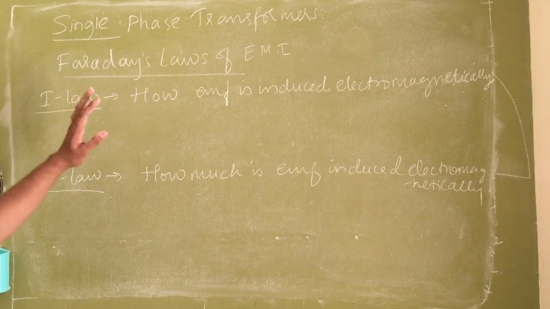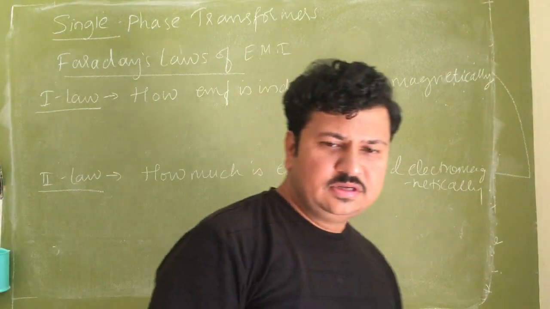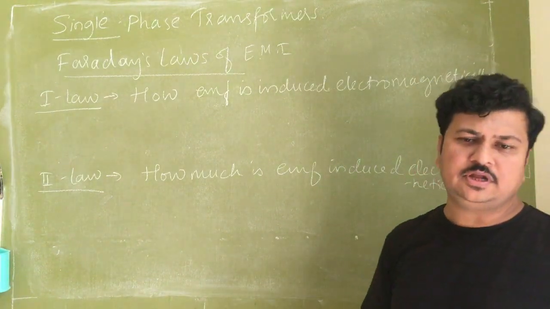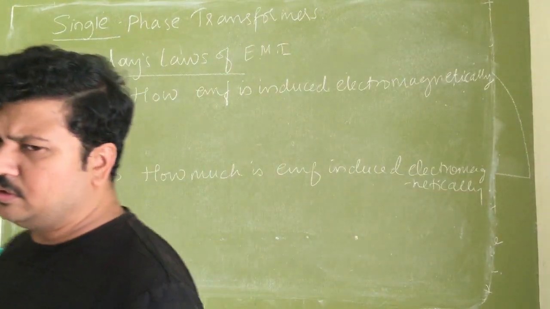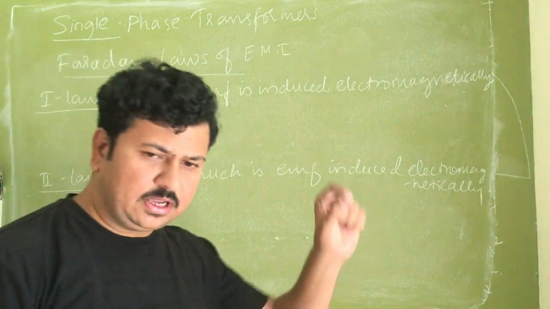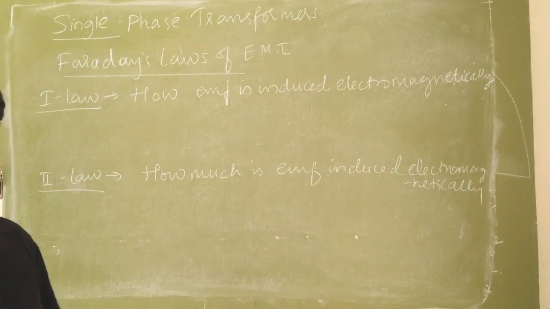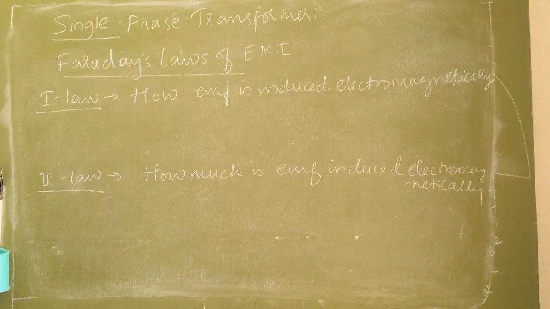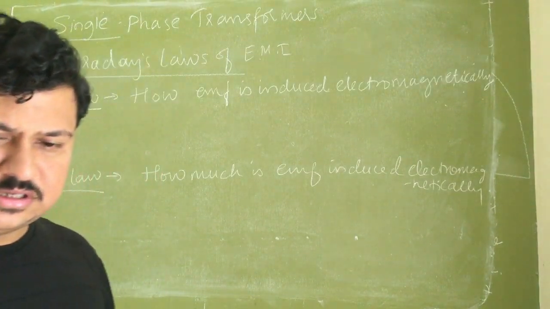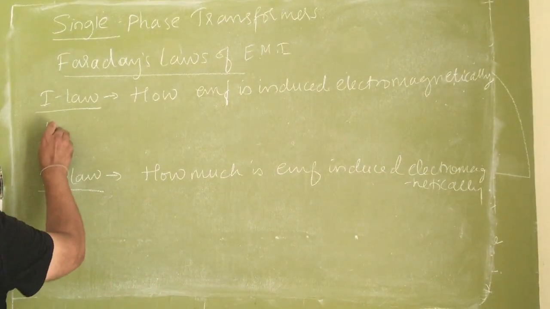Now what does the first law state? How is an EMF induced? Whenever there is a change in the flux linking to a coil, EMF is induced in that coil. Simple. You can use your own words. There is no compulsion to use the same phrases or words that Michael Faraday used in his first paper or article when he published the statement. If you understood, even if you use your own words, the statement will be clear. So what is the first law?